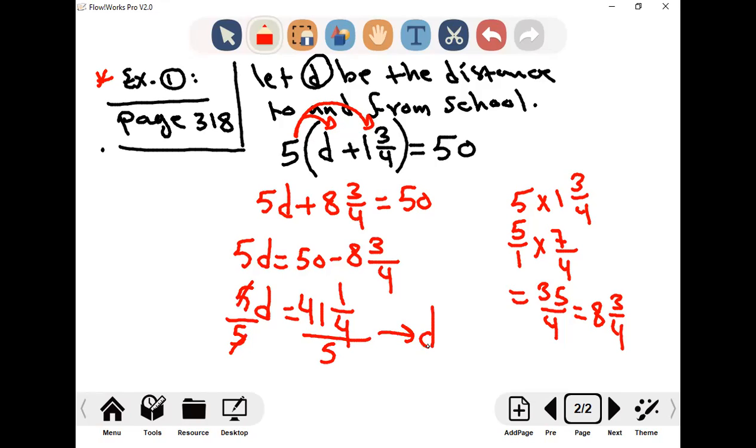So D will be, I will divide using my calculator, 41.25 divided by 5. It is 8 and 1 over 4. So the distance from her house to the school and back is how much? 8 and 1 over 4.